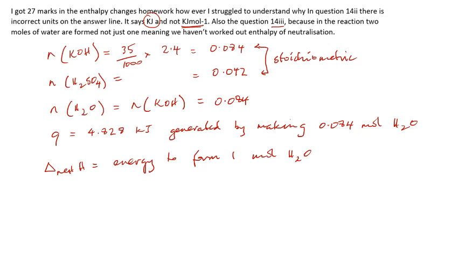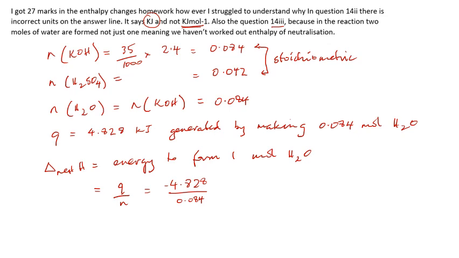And despite there being 2 moles of water in the balanced equation, when we work it out, we go Q over n, all right, and the Q is your 4.828, so we'll put a minus in there now because it was exothermic, and we need to take account of that for delta H. 4.828 kilojoules divided by 0.084, and that is going to give you the energy required to make 1 mole of water, right? Because you're dividing it by 0.084.